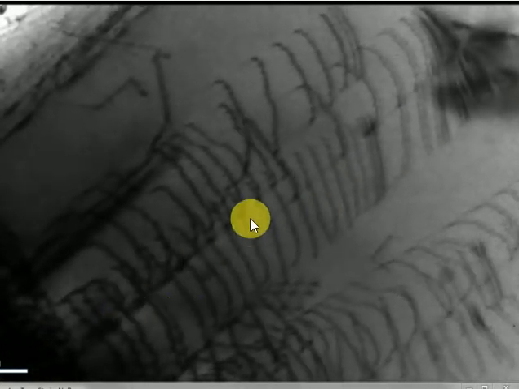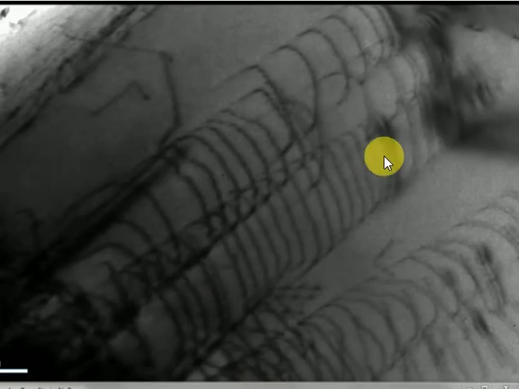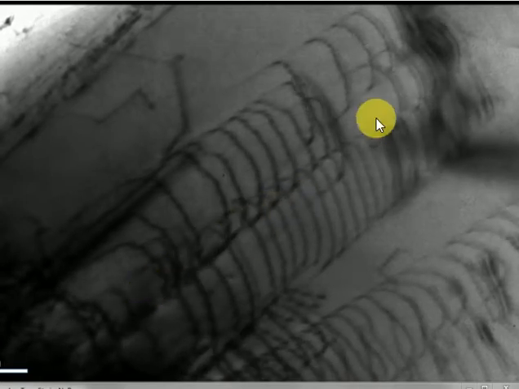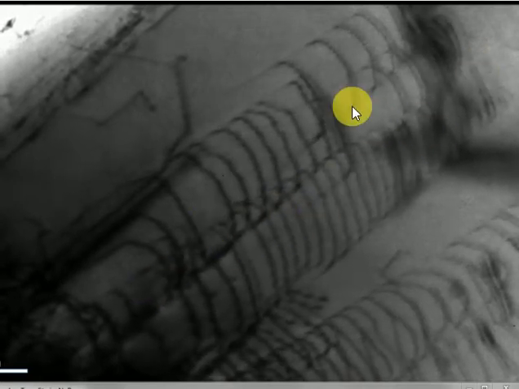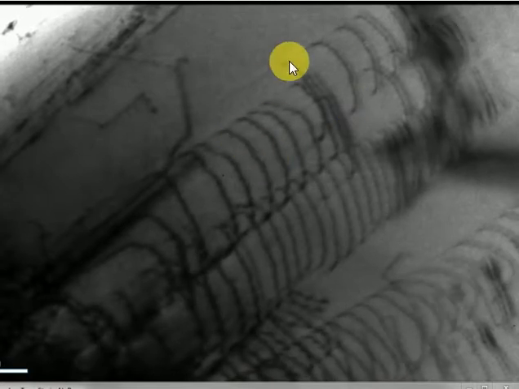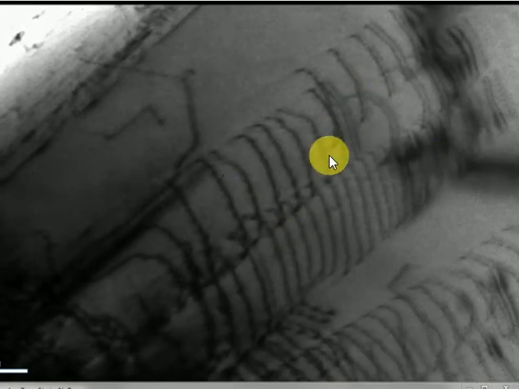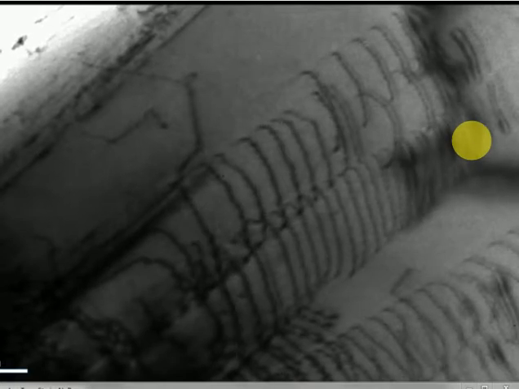So here the dislocation is moving in this direction in a coordinated way, because in this experiment the force is applied only in this direction in a very controlled way. You can see the dislocations are going in that direction because the force is applied in that direction, so the atoms are moving in that direction. So dislocations are moving in that direction. Okay. So this is how the material deforms at the atomic level.